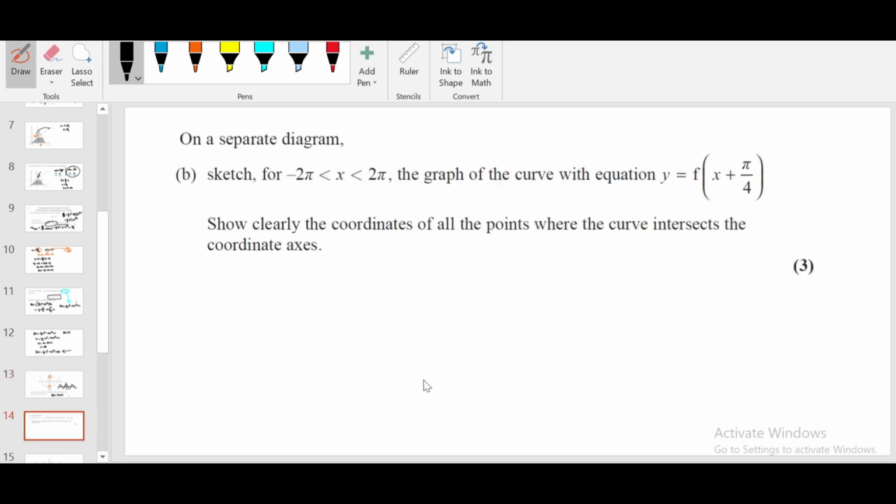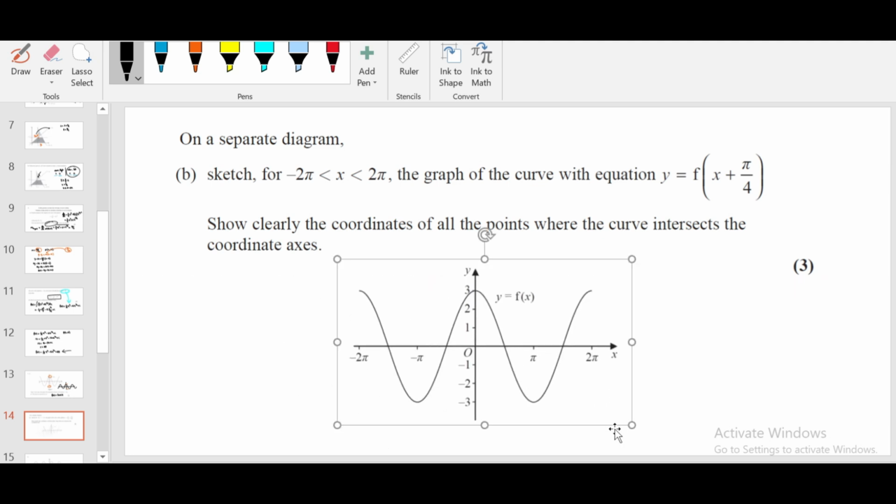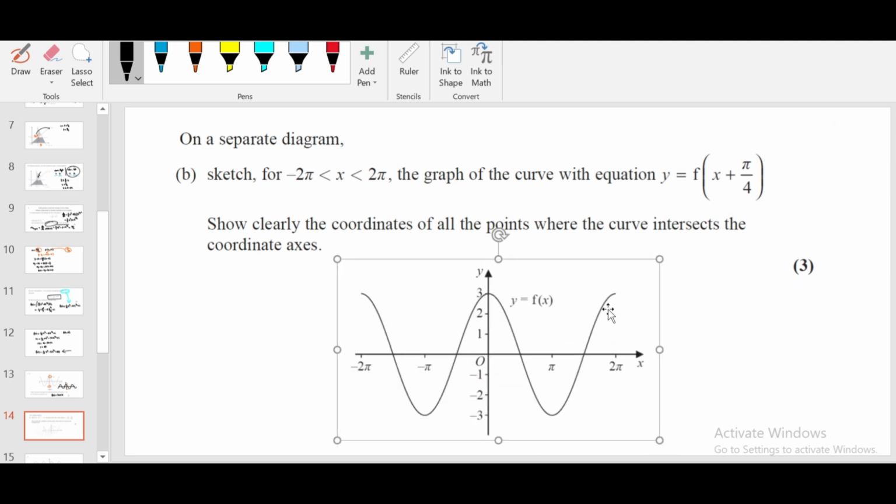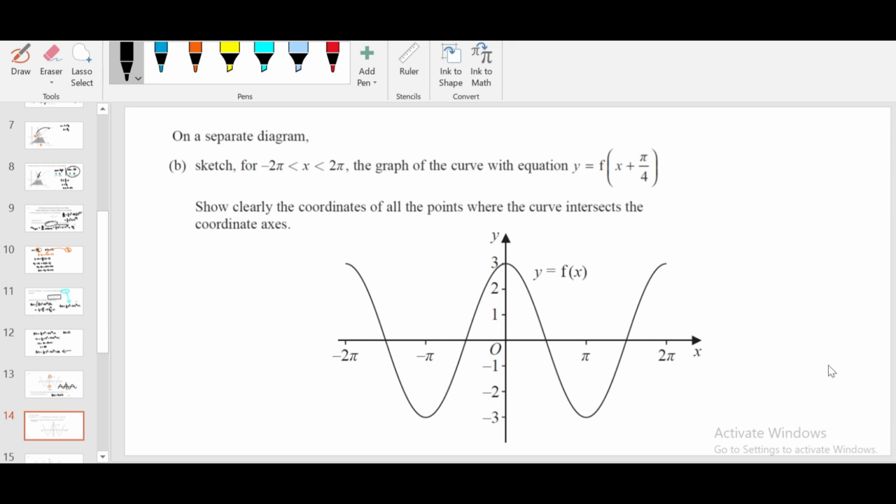On a separate diagram, sketch the graph. They want you to sketch the graph f of x plus pi over 4. I'm taking this f of x from the question. So listen to me carefully how I am sketching this. It's a 3-mark question.